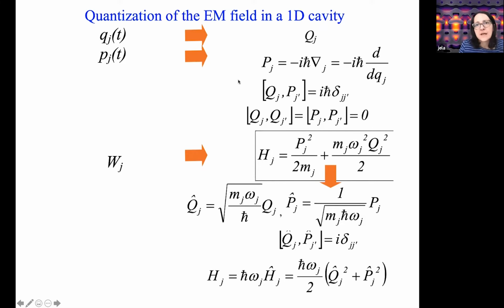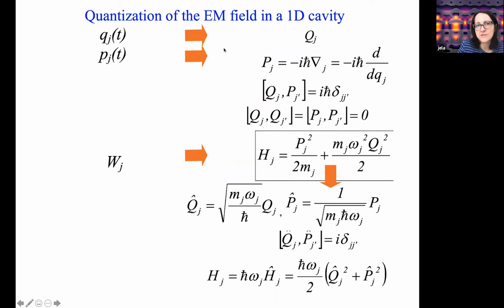So for our electromagnetic mode, Qj of t would be replaced, when you quantize the system, with some operator Qj. Remember, this was analogous to position, and this is analogous to the position operator, but it's not really position. We introduced this to describe the time dependence of the electric field. Pj of t is proportional to the time derivative of Qj of t.